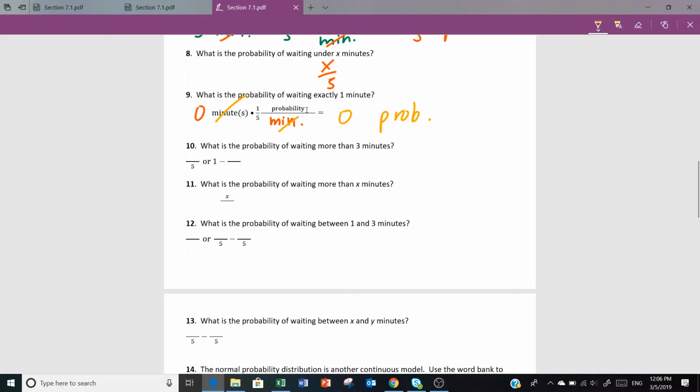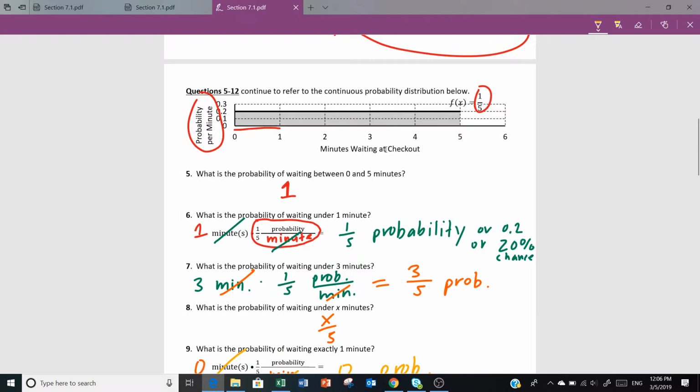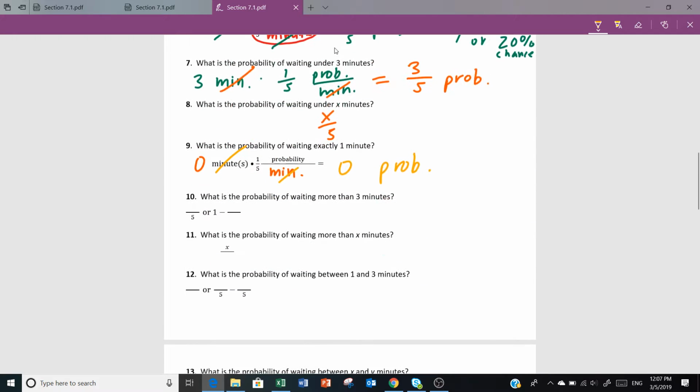What's the probability of waiting more than 3 minutes? Well, we saw the probability of waiting under 3 minutes was 3 over 5. How many minutes are over 3? 2, good. So there's 3 minutes under 3, but there's 2 minutes over 3. So the probability of waiting more than 3 minutes would be 2 over 5. But another way to do that is to do 1 minus the 3 over 5.